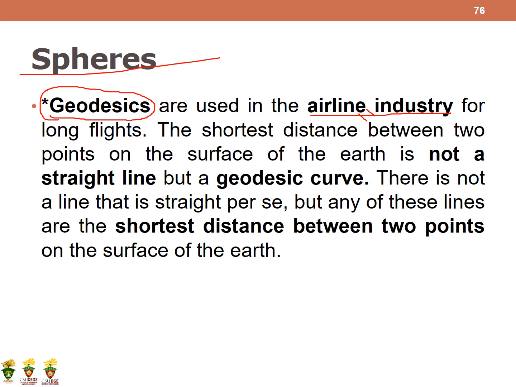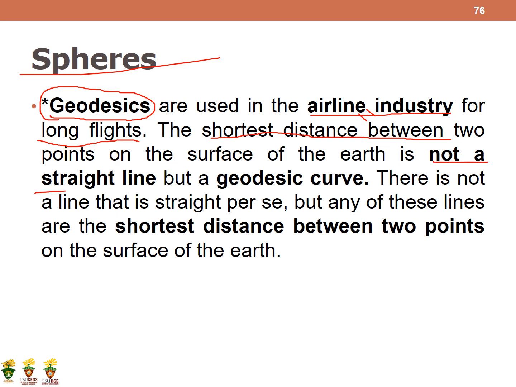You can see this in the tracks of airplanes going to different countries. They use the geodesic curve and the knowledge of it. For long flights, for example 16-hour flights, they need to use the concept of the geodesic curve. The shortest distance between two points on the surface of the earth is not a straight line.